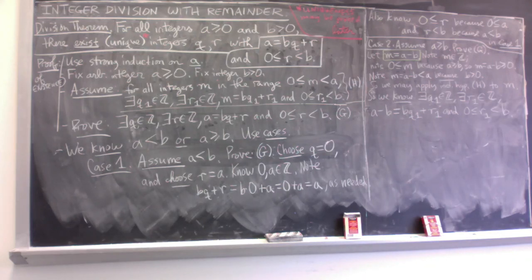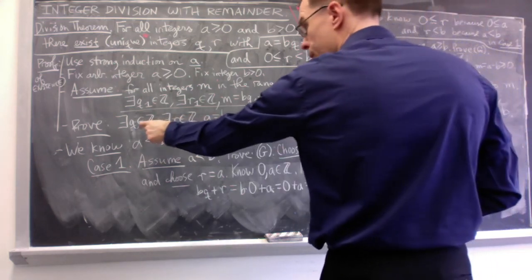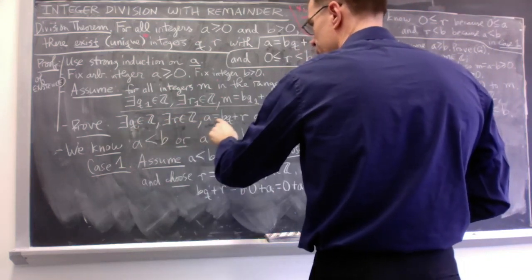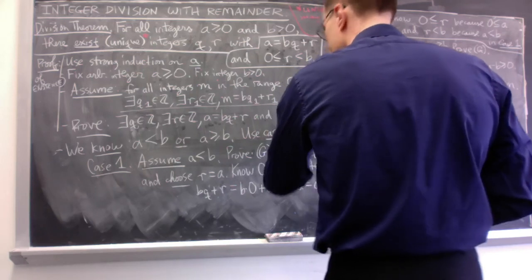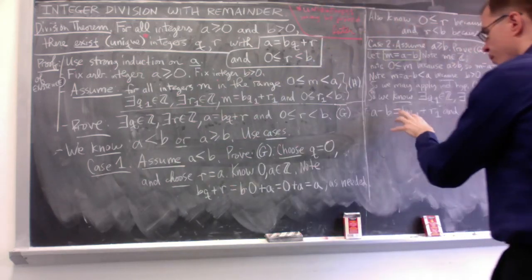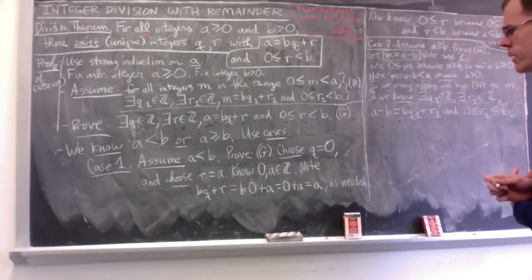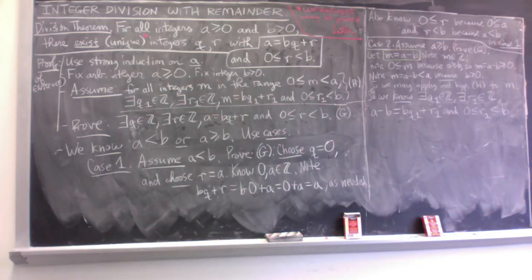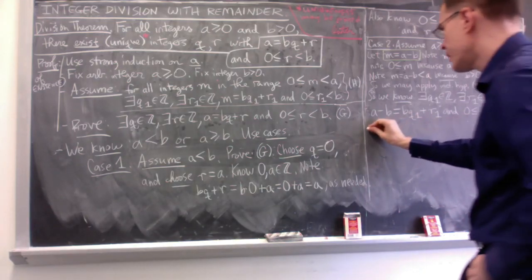Okay. Now, we still have to do the goal in case 2. We have to choose q, we have to choose r to satisfy this and that. But now we're almost there. So remember when we went from 143 to 150, we added 1 copy of 7 back, so we're going to do that here.